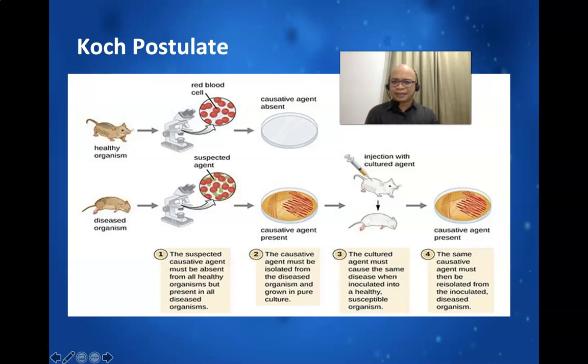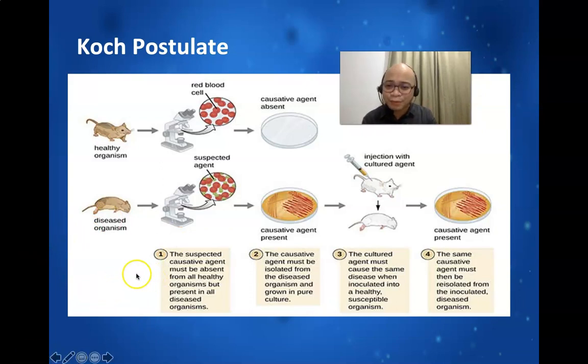So according to Robert Koch, if the organism is healthy, there's no organism in the blood. The presence of organism in the blood is called sepsis. So there's no sepsis; it's actually absent. However, in a diseased organism, because at that time Robert Koch was in the field and he saw a dead cattle, the suspected organisms are found in the blood.